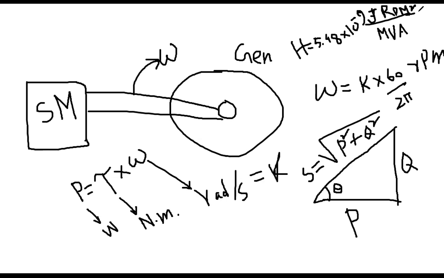This is the equation. So this S value will be your MVA. You have the P value and the Q value in megawatt, find S by using this one. That will go in the denominator of this expression.